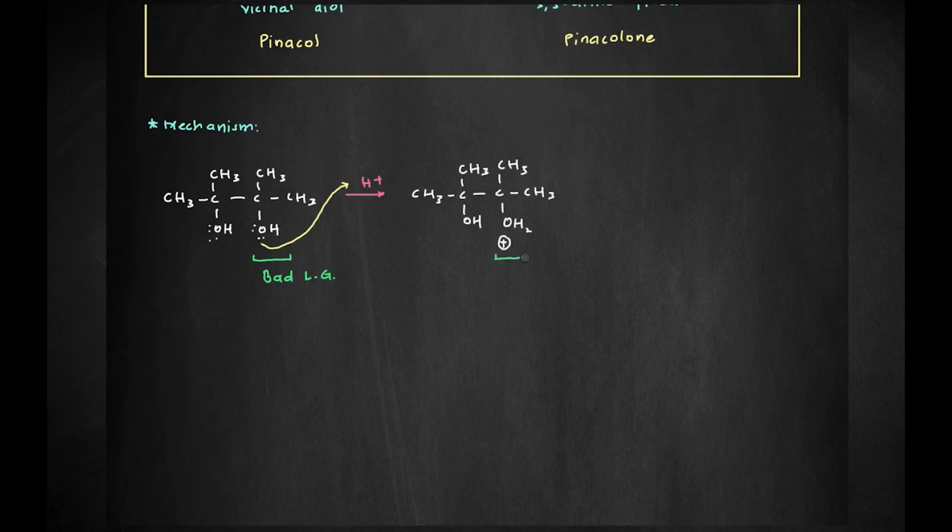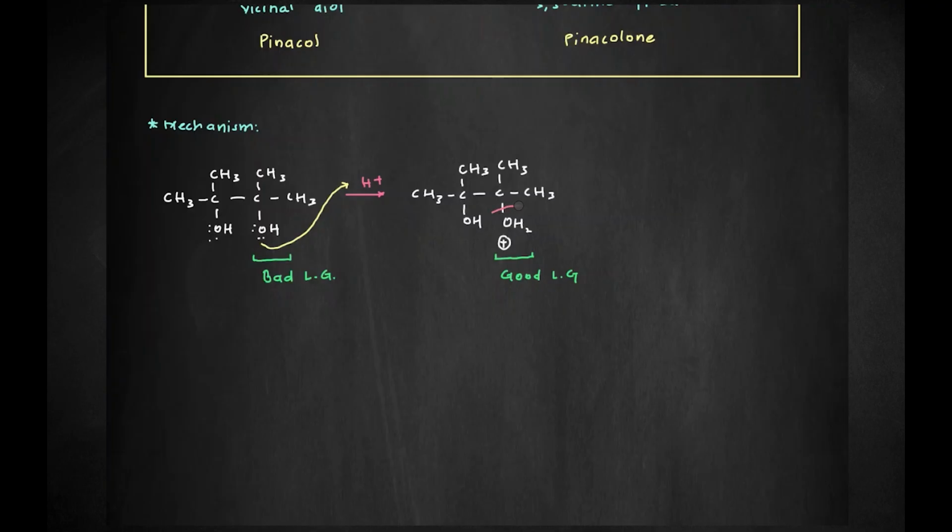But OH2 plus is a good leaving group. Why? Because if OH2 is removed from this site, it will get converted into H2O. This is an unstable state, and H2O is a neutral molecule which is stable. So we say that this OH2 plus is a good leaving group. I hope you have studied this part in the basic reaction mechanism.